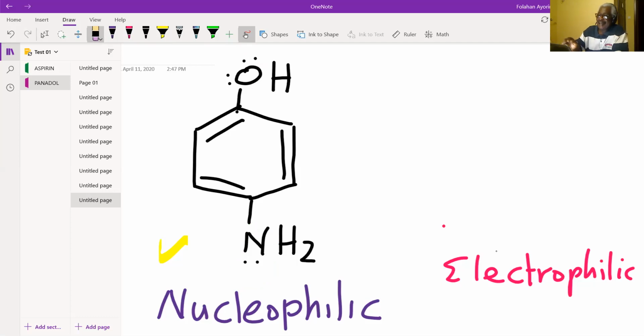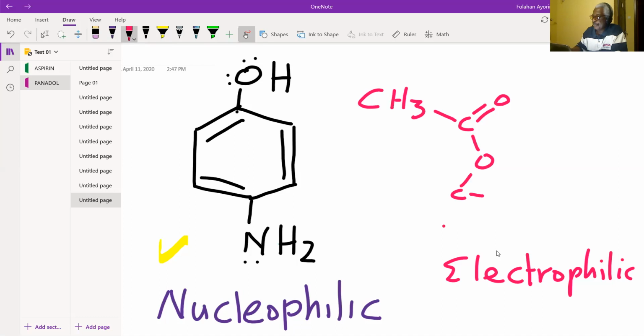one of the electrophilic carbons in the acetic anhydride molecule. Now, the acetic anhydride molecule has two electrophilic carbons.